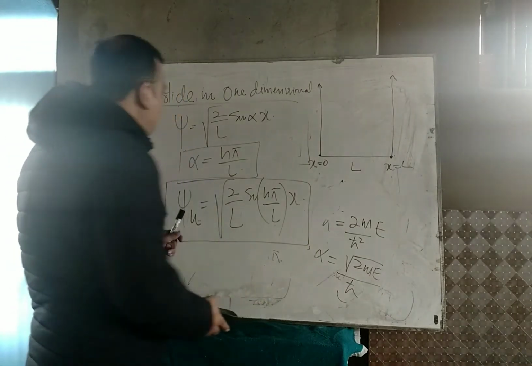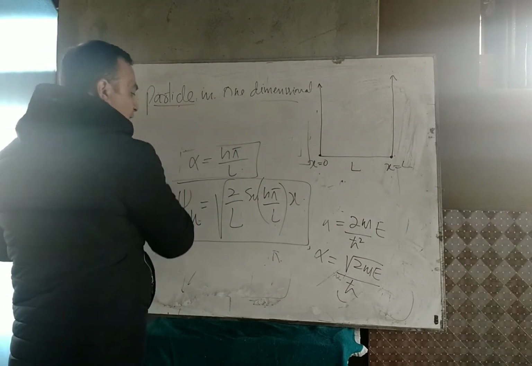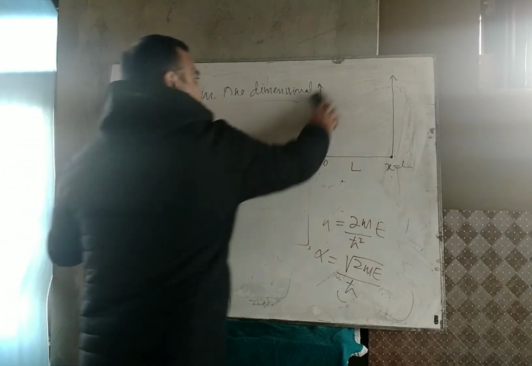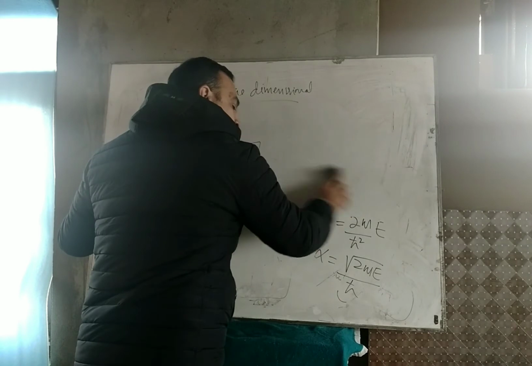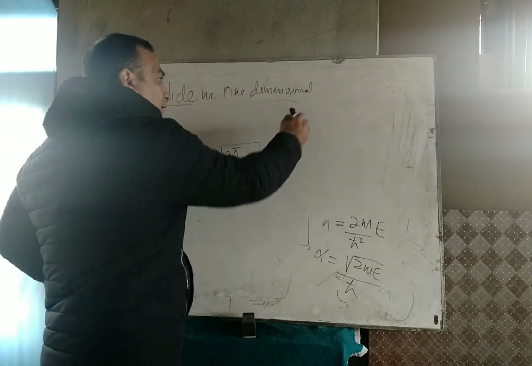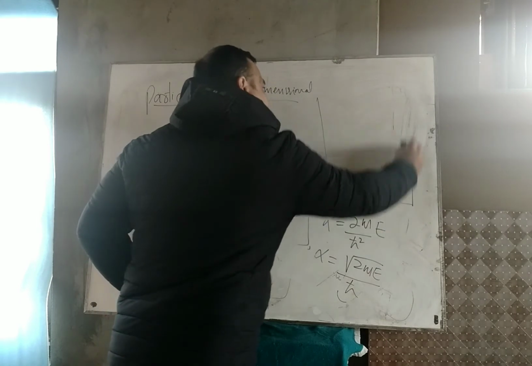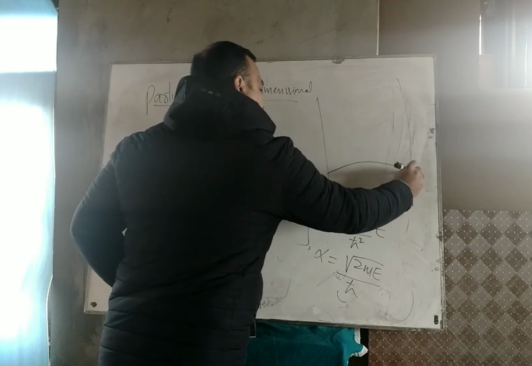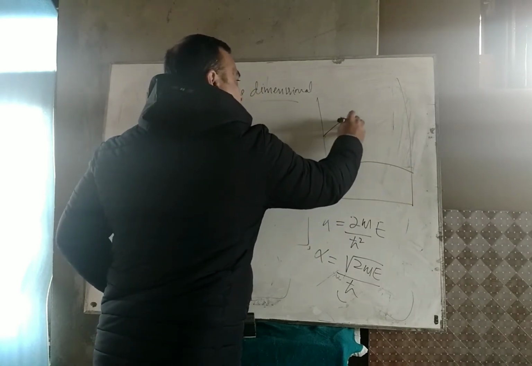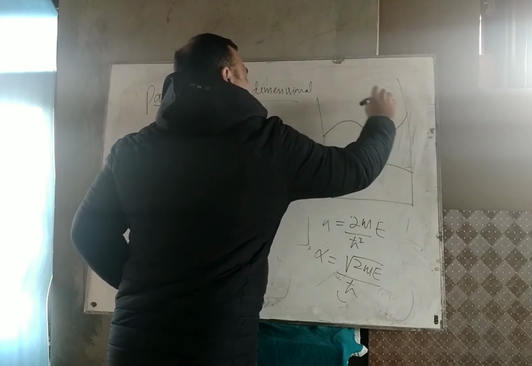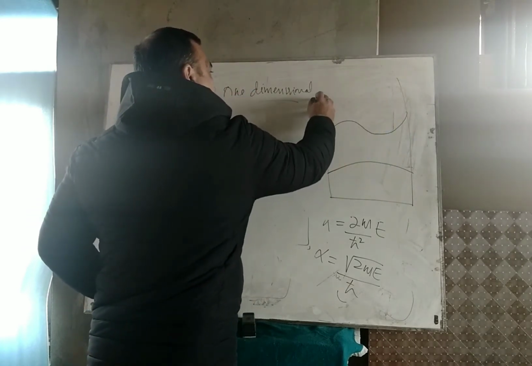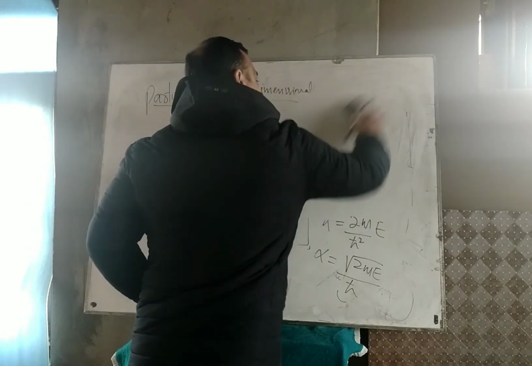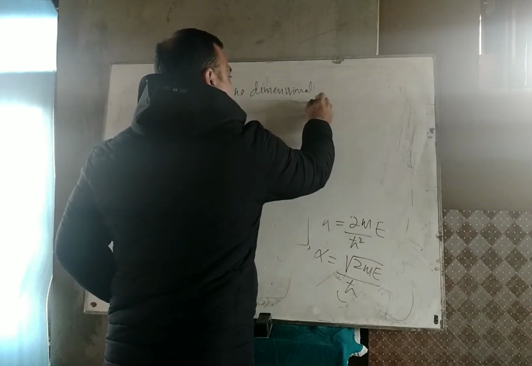So if we plot the probability density of this psi n, we get results like this. For n is equal to 1, it's something like this. For n is equal to 2, it's something like this, and so on and so forth.